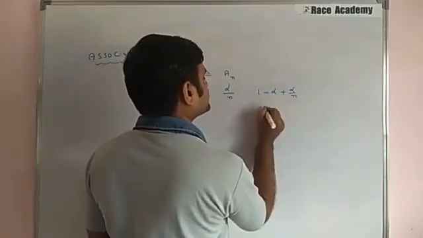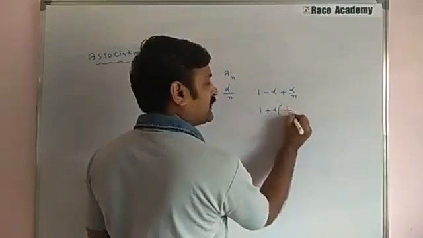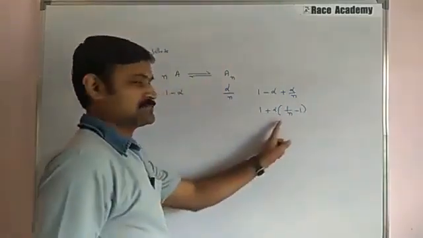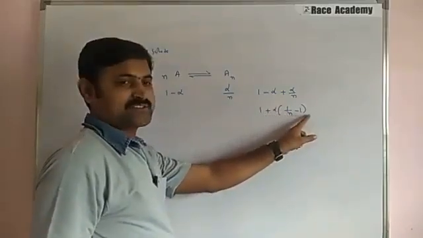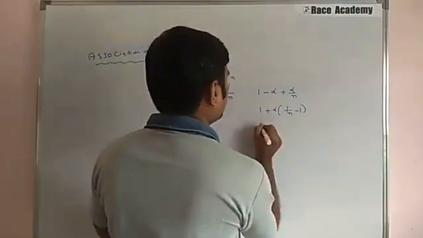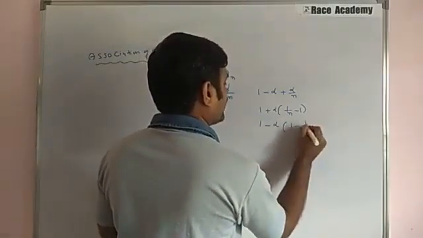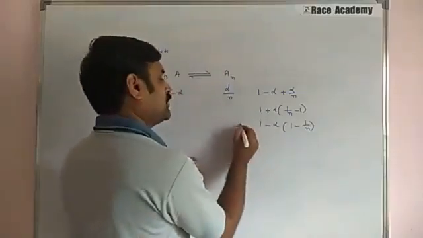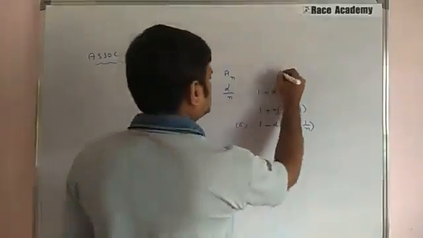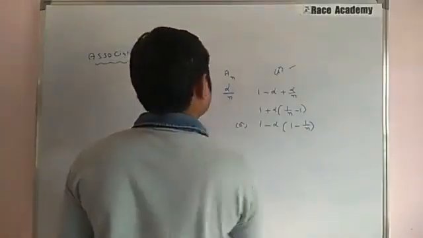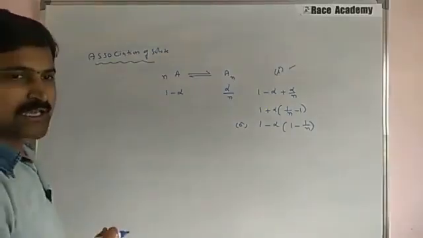If alpha is taken as common, then it will become 1 plus alpha into 1 by n minus 1. Okay, 1 plus alpha into 1 by n minus 1. If you take the minus here, 1 minus alpha into 1 minus 1 by n. So in any manner you can write that Van 't Hoff factor. So this is the Van 't Hoff factor formula for the association of solute in the solution.